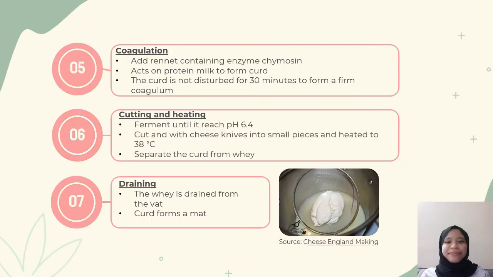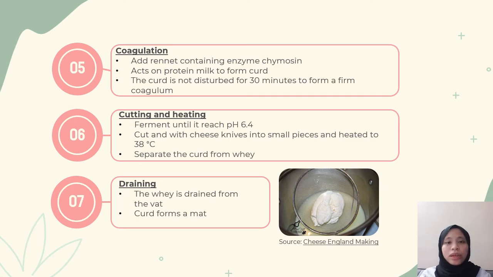For coagulation process, rennet containing enzyme chymosin is added where it acts on the protein in milk to form curd. The curd is not disturbed for 30 minutes to form a firm coagulum. After that, it is allowed to ferment until it reaches pH 6.4.